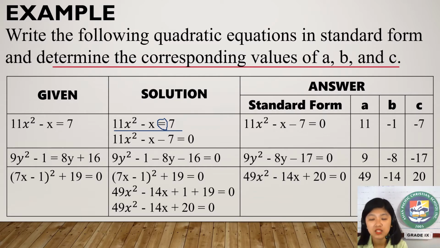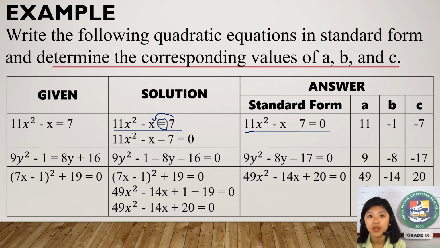So, since positive si 7, kapag tinranspose natin yan, magiging negative 7. Tandaan, kapag nililipat natin yung mga numbers, kung lalabas sa equal sign or ipapasok sa equal sign, napapalitan yung kanilang sign. So, from positive, naging negative. Kaya, ang ating standard form ay 11x squared minus x minus 7 equals 0.